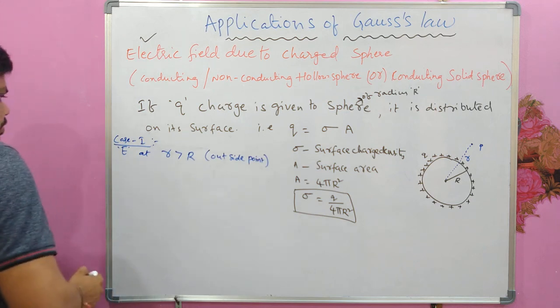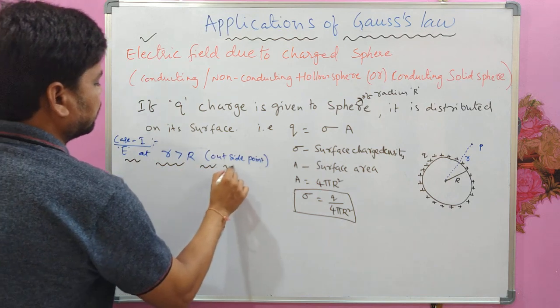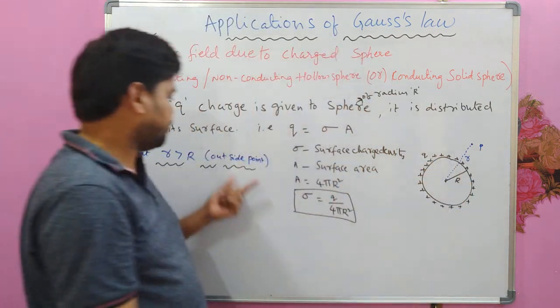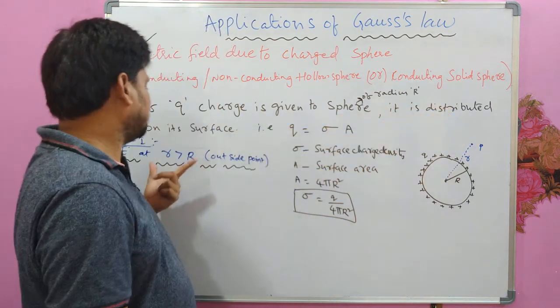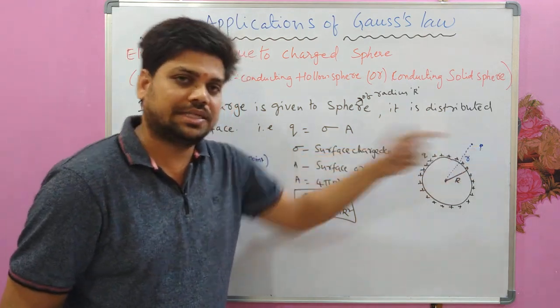Small r is greater than capital R, the point is outside. So that is case 1, the identification of the point.